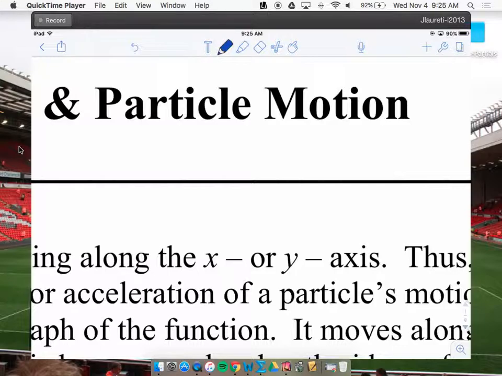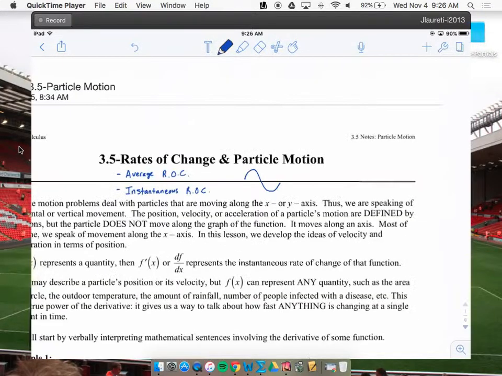It's not moving along a curve of a graph. The particle is just moving to the left or to the right. So depending on what type of function you have, that's telling you how much it's moving to the right or left or up or down, depending on the position and also the velocity at a particular moment.